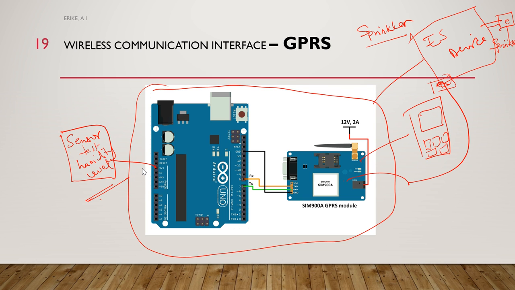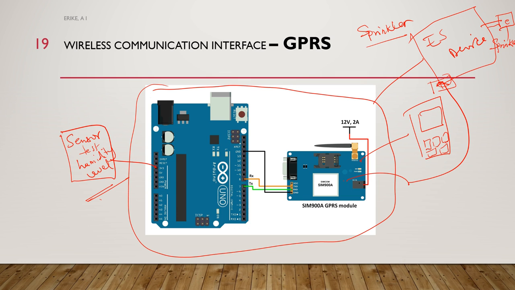Okay, so a GPRS is a packet-oriented mobile data service on the 2G and 3G cellular communication systems GSM, and was originally standardized by the European Telecommunications Standards Institute. The usage is typically charged based on volume of data transferred.